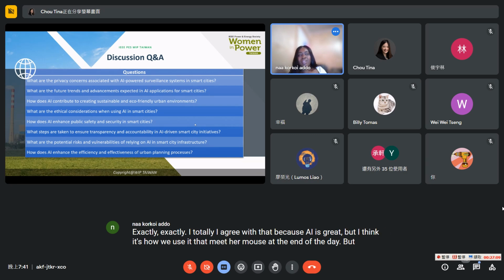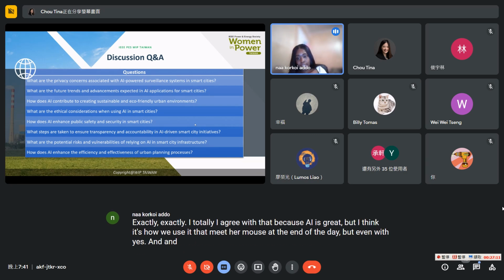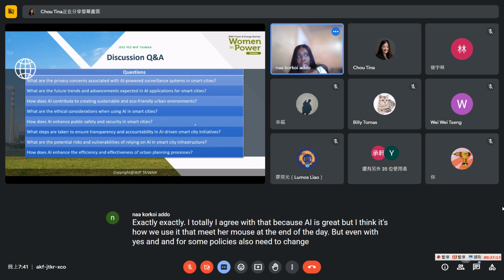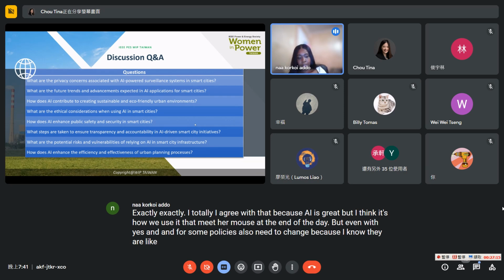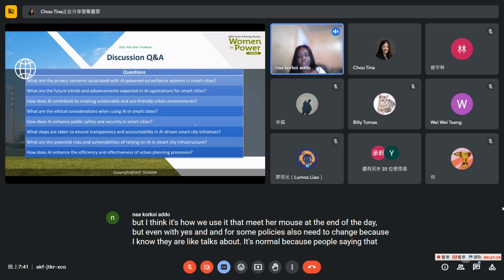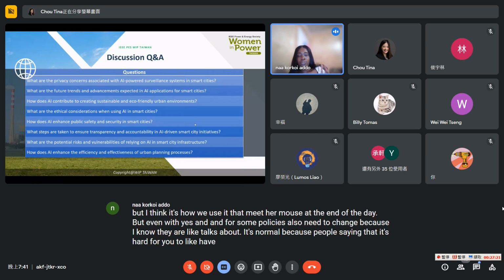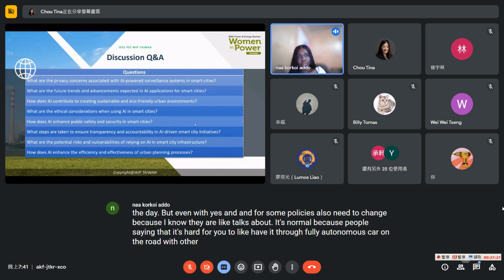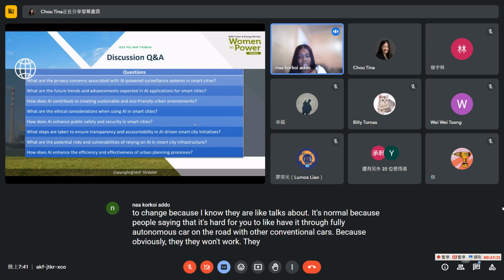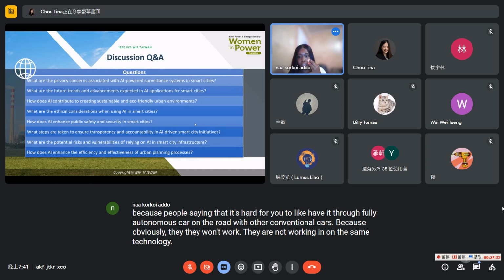Some policies also need to change. There are talks about autonomous vehicles, with people saying it's hard to have a fully autonomous car on the road with other conventional cars, because they are not working on the same technology in principle, so it's hard to have both on the road.